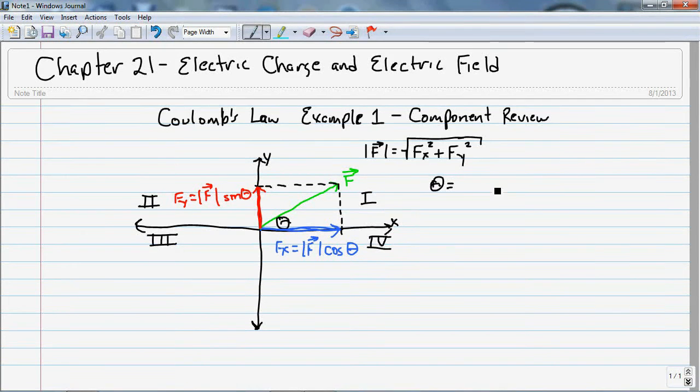Well, quadrant 1 is easy, so we'll do that. If quadrant 1, then it's the arctangent of Fy over Fx.